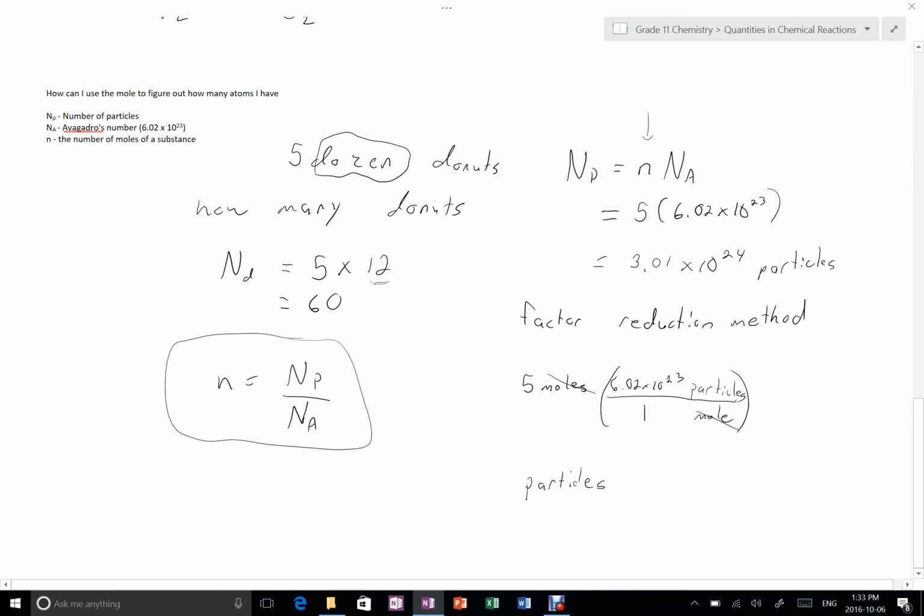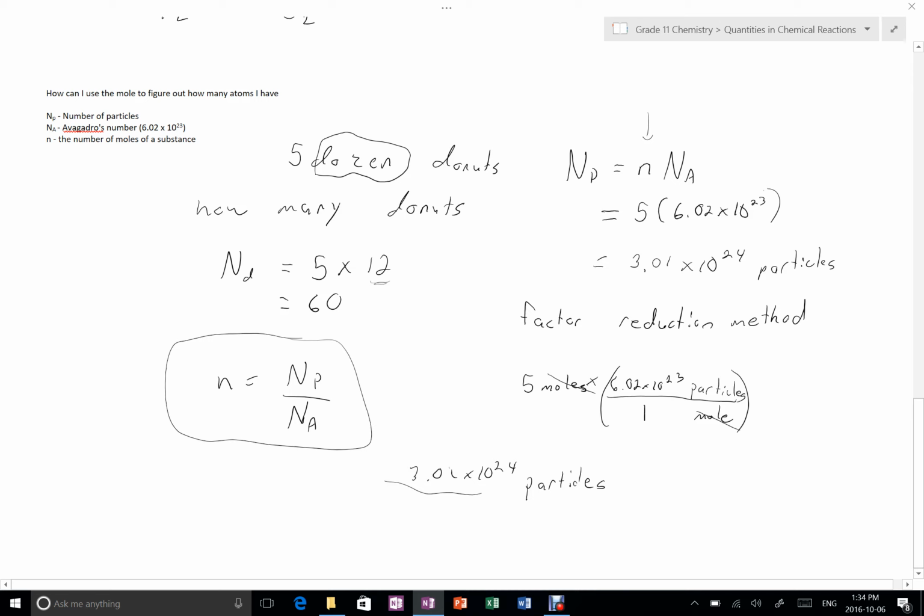So this is an approach that's much more similar to what we would do when we're converting units. We cancel out the old unit and introduce the new unit, and really what we recognize is we're just moving from the unit of moles to the unit of particles. Either way, you can see this is still 5 times 6, and so we get the same answer that we had before, 3.01 times 10 to the 24.